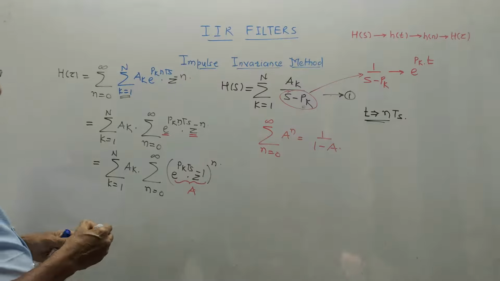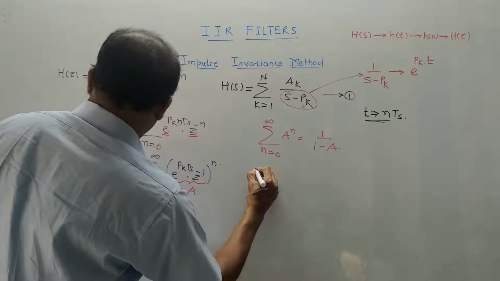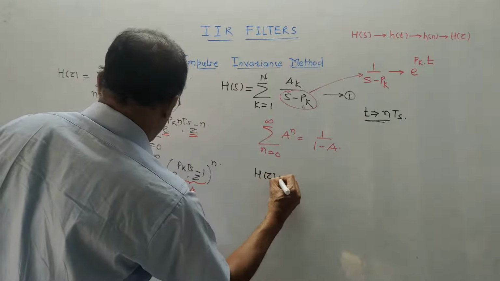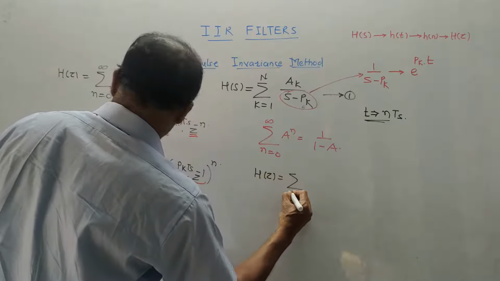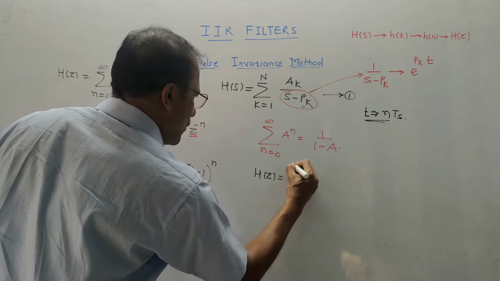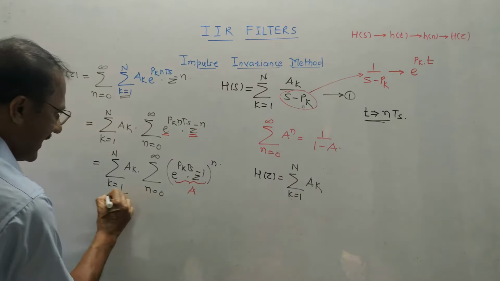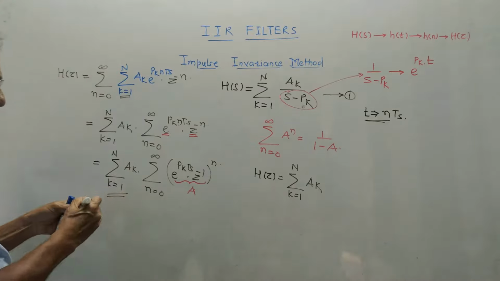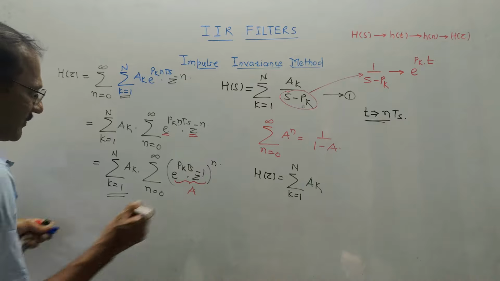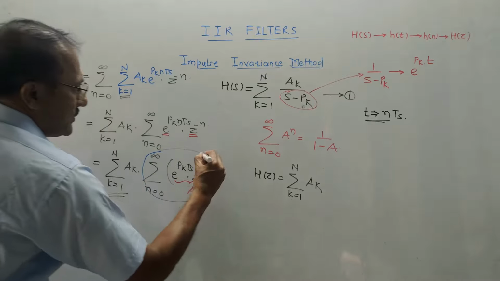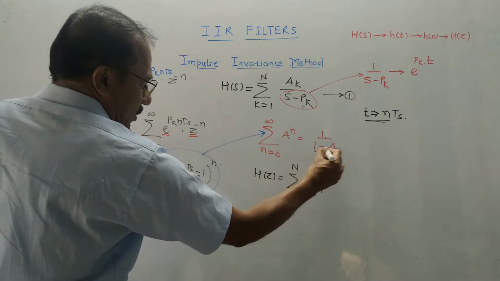So the same equation can be written as h of z is equals to summation k is equals to 1 to n ak. This part I am keeping it as it is. In place of this second summation, I am using this formula. Answer is 1 upon 1 minus a.